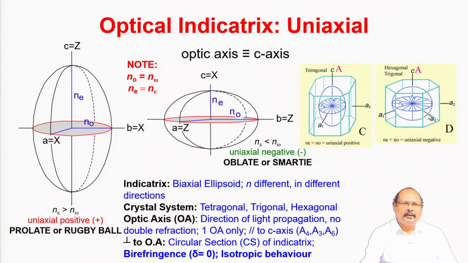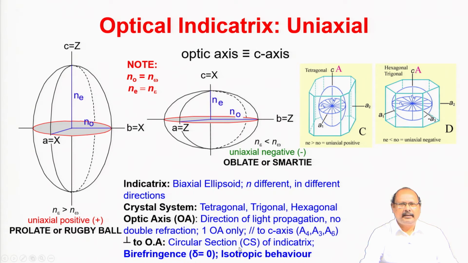In the principal section of the indicatrix, you have the true value of epsilon and the value of omega, and the birefringence will be maximum. Whereas in the circular section of the indicatrix, which is only one, the birefringence is 0.